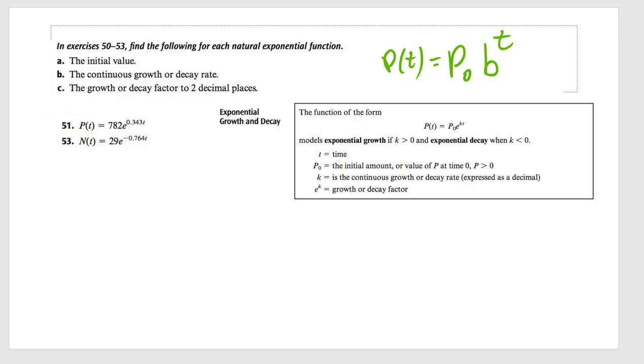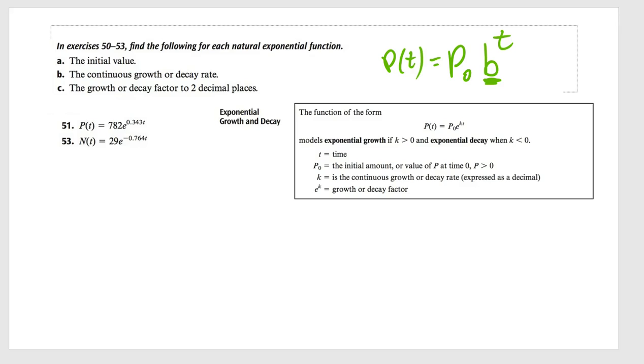Our next problem is a decay and growth problem we talked about. So let's look at problems 51 and 53. When we're talking about continuous growth, we can use the little e, the Euler number. e to the k is the same thing as having our b when we talked about it in our last chapter.